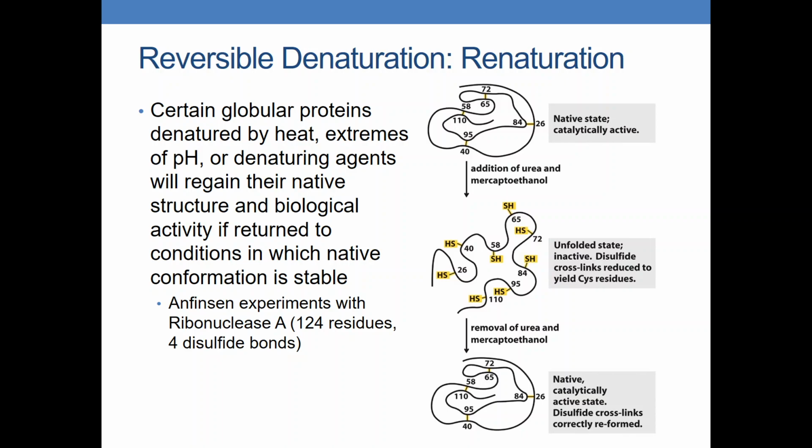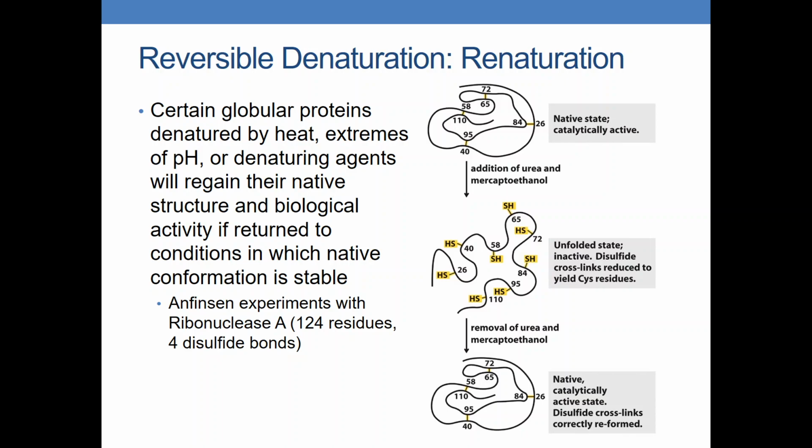Now, what happens next is interesting. He removed urea and mercaptoethanol after doing this, and what he found was that this unfolded state returned to its native state, complete with correct disulfide linkages, complete with the enzymatic activity that you would expect for the native state.